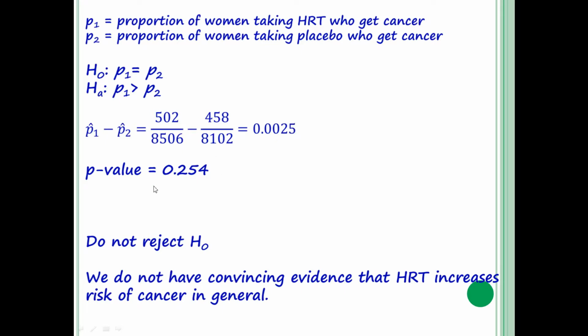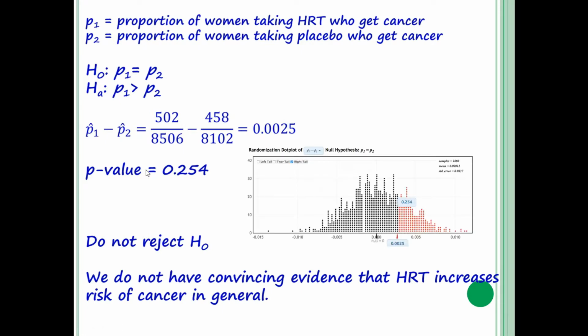And then step 3 is finding the p-value. For that one, you need StatKey. Once you go to StatKey, you click right tail test, and the p-value, as I said, might be a little bit different, but it should be very similar. And then in step 4 you need to make a generic decision, basically by comparing the p-value to alpha.